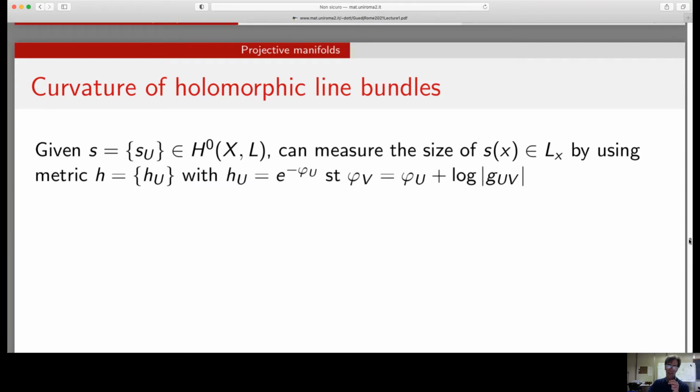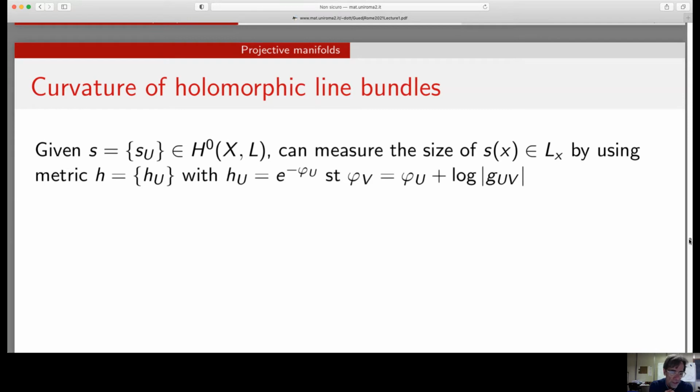Okay. What is the curvature of a holomorphic line bundle, or more precisely, of some Hermitian metric on a holomorphic line bundle? So we want to first say what a Hermitian metric is. If you have a section defined by a family of functions s_U, you want to say what is the norm of s_U in your metric, which would just be the norm of the function multiplied by some positive local function.